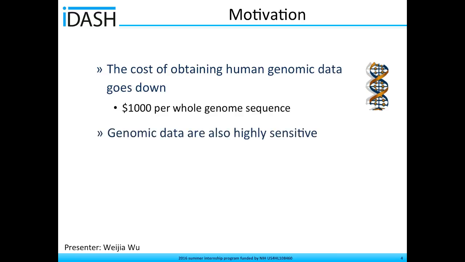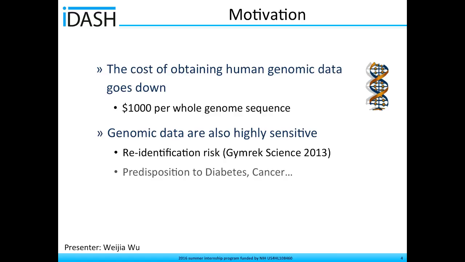For example, an attacker can re-identify an individual just using his genomic data. In 2013, a Science paper showed that the Y chromosome can be used to recover an individual's surname.